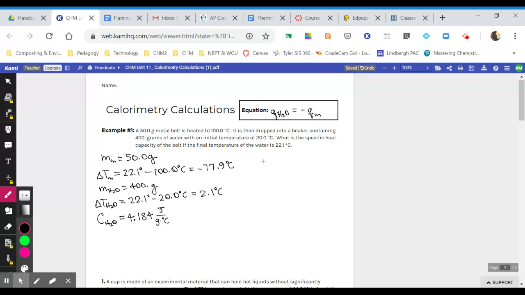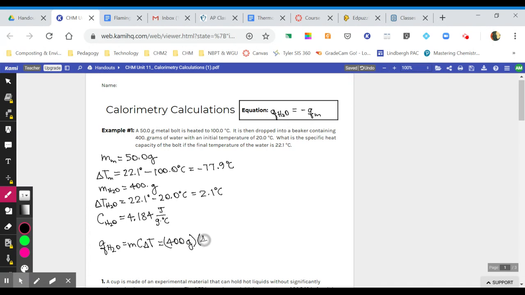All right. So our first equation is the equation for water. So we're going to do Q of water equals mc delta T, all for water. So this will be the mass of the water, the specific heat capacity of water, and the change in temperature of the water. The mass of the water is 400 grams.